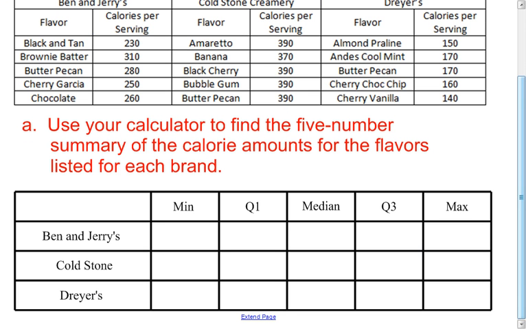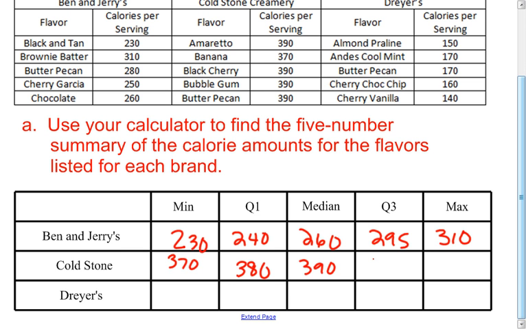For Ben & Jerry's, the min was 230, the Q1 was 240, the median was 260, Q3 was 295, the max was 310. For Cold Stone, the min was 370, the Q1 was 380, the median was 390, Q3 was 390, and the max was 390.